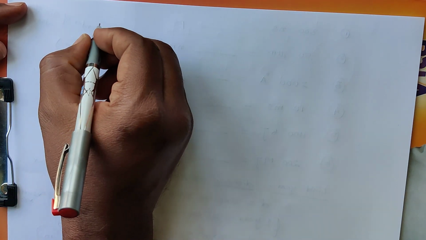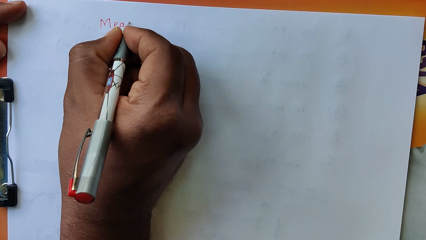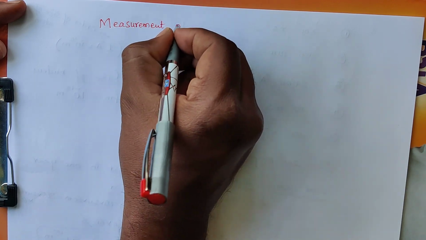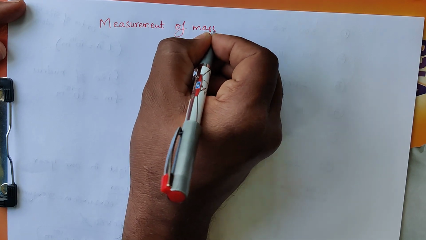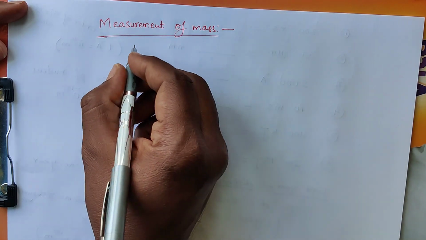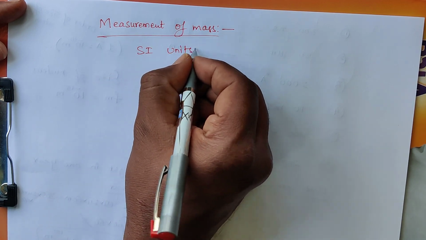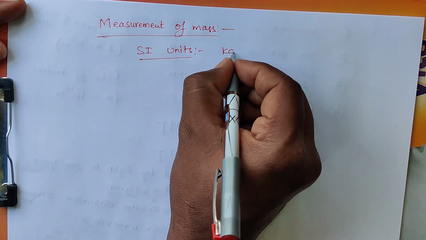Now I would like to discuss the measurement of mass here. The SI unit for mass is what? Kilograms.